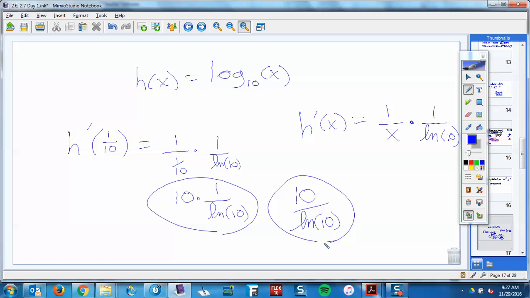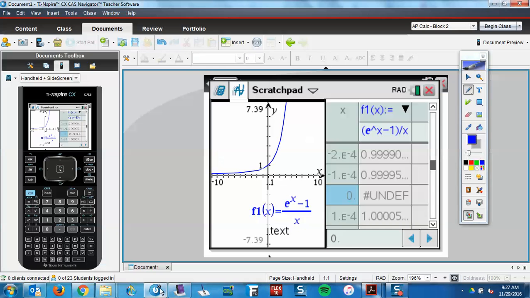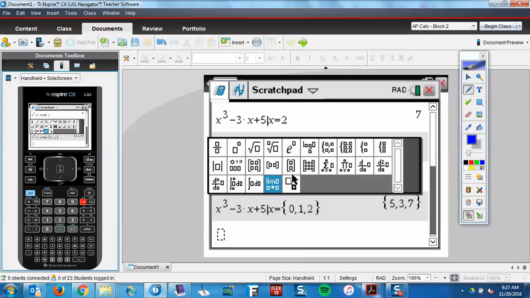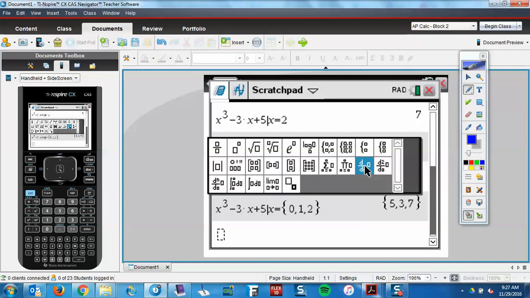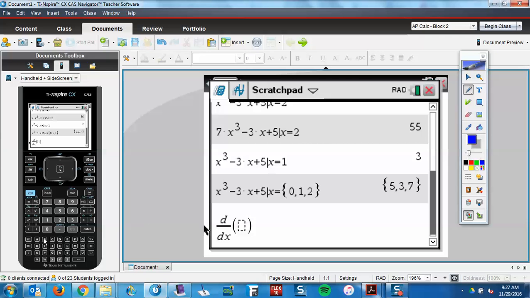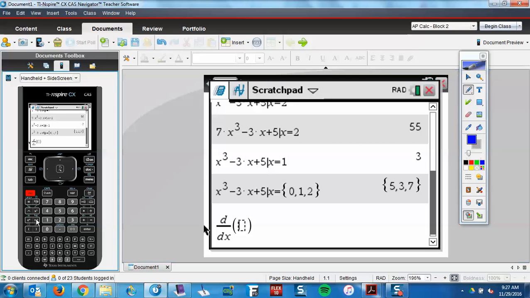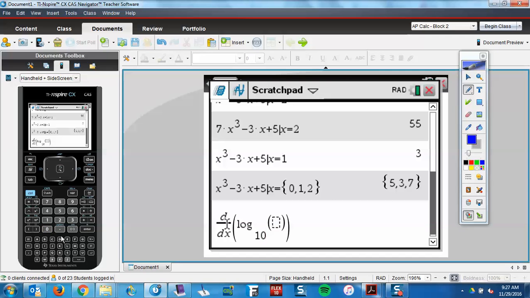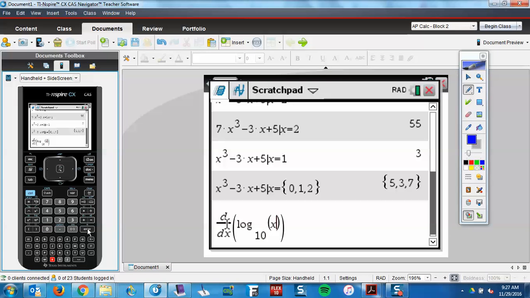Now, we're doing the derivative ones, and you want to check them on your calculator. I showed you that, didn't I, how to do the derivative on your calculator? If you want to check them, right here, under this by the 9, here's the derivative thing. So if I want to do the derivative of log base 10 of x, I want the calculator to do that for me.